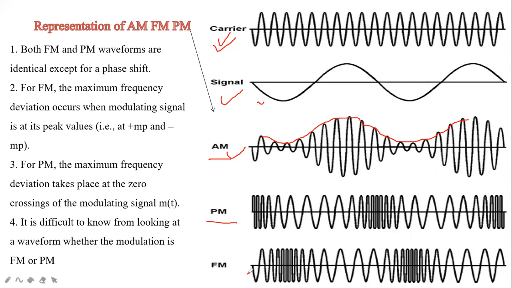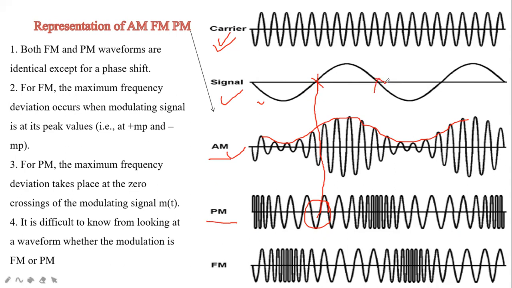For phase modulation, just notice one thing: at every zero crossing, there will be maximum change in frequency. Like this, at this zero crossing, there is minimum frequency in your PM, right?